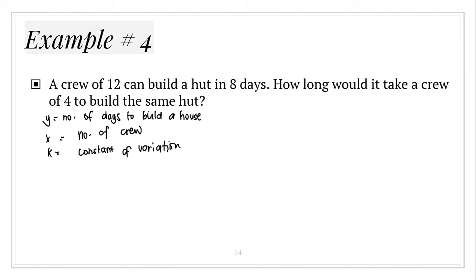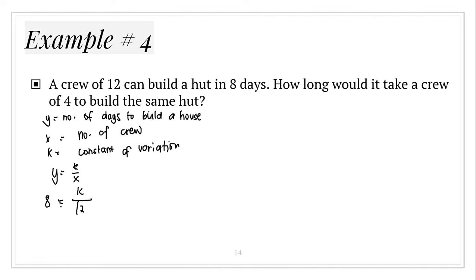So what we are going to do is we have to write again the equation. So we have y is equal to k over x. So we have to substitute the given or the known values. So y again, the number of days. So we have 8 is equal to k, the missing one, over x. If you have 12 crew, you're going to make it in 8 days.